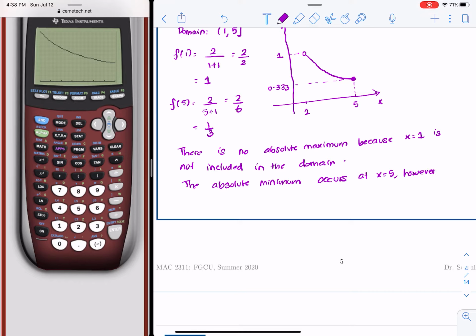However, it is not a local minimum. Why is that? You can only form a local minimum around a particular point if you could have an interval, but there isn't such an interval, so we can't say that there would be a local minimum at x is equal to 5. A simplest way to look at it is because x is equal to 5 is an endpoint.